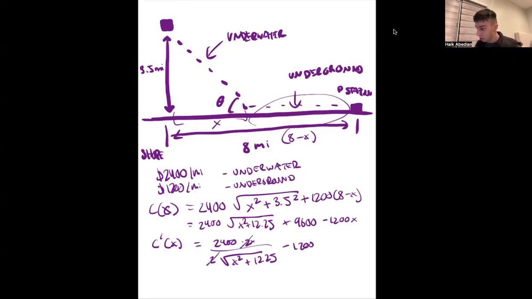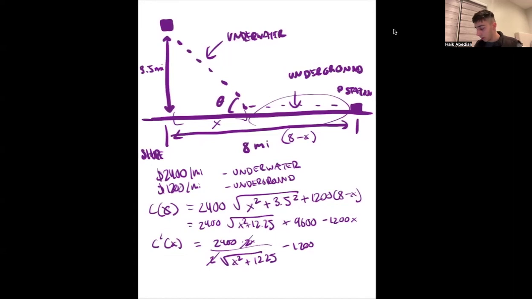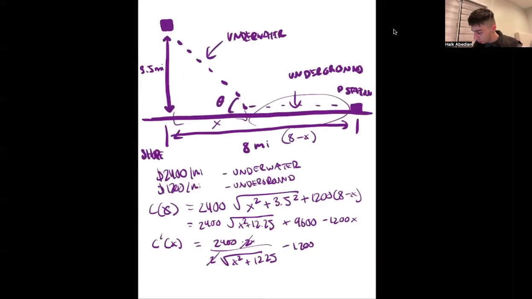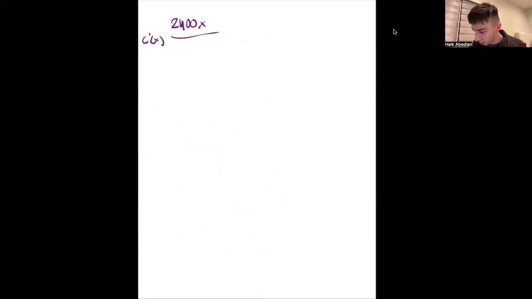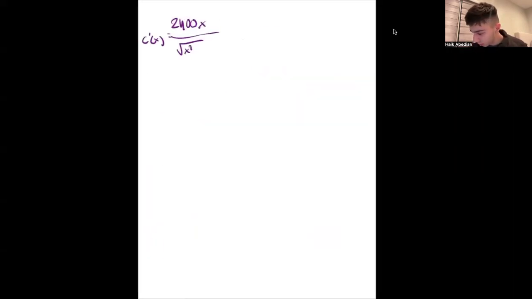The rest is just solving, just breaking it down. We have the right idea. Now we're just going to solve it. So it's 2,400x divided by the square root of x squared plus 12.25, minus 1,200.